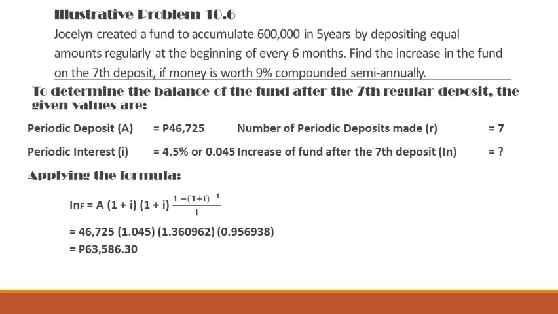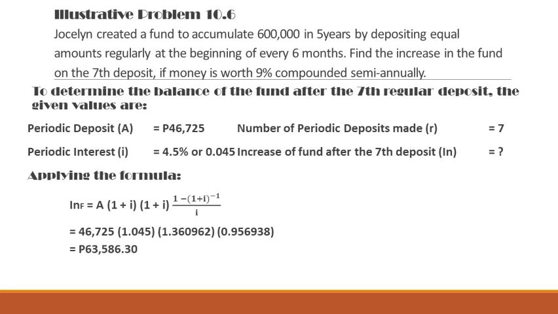Illustrative problem 10.6. Jocelyn created a fund to accumulate 600,000 pesos in 5 years by depositing equal amounts regularly at the beginning of every 6 months. Find the increase in the fund on the 7th deposit if money is worth 9% compounded semi-annually.